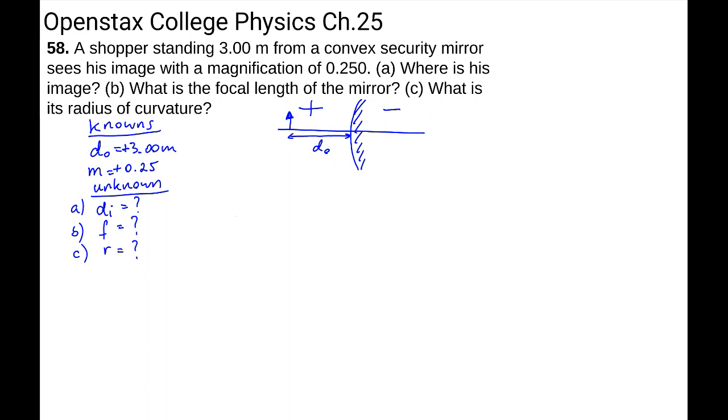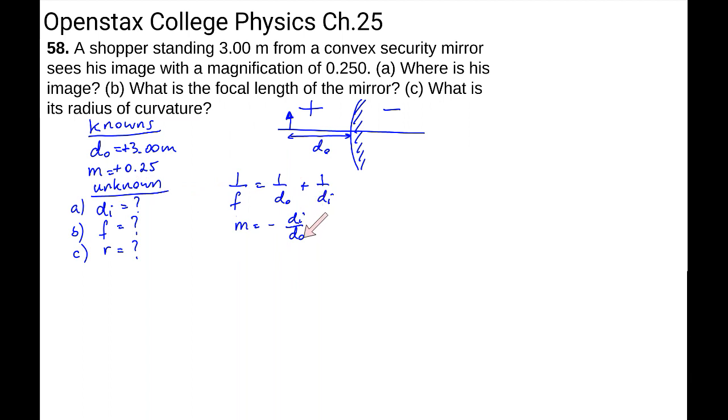So there are two equations we can use for mirrors. One is 1 over f is 1 over do plus 1 over di. And the other one is the magnification equation, which is M equals negative di over do. So we know the object distance and the magnification, so we can't use the first equation yet to solve for the image distance. That's what we want to solve for. But image distance appears in the second equation.